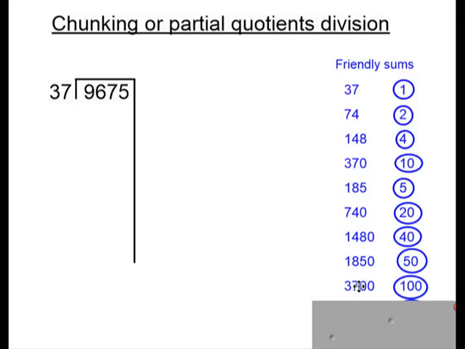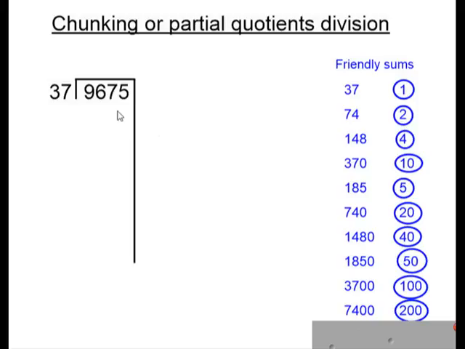So what about 200 lots of 37? If I multiply 20 lots by 10, I will get 200 lots. So 200 lots of 37 is 7,400. Now, when I compare my highest product to my dividend, I can see that I'm pretty close.